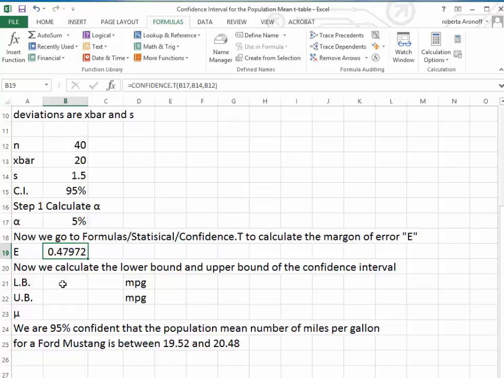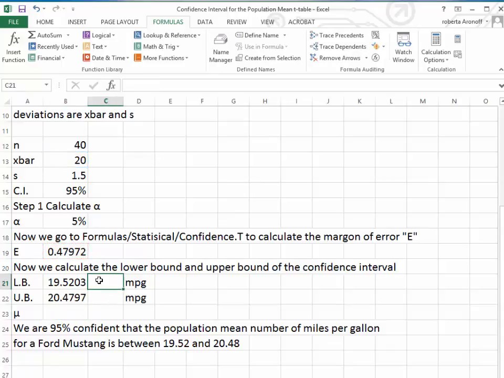Well, in order to get the confidence interval for the population mean, we have to calculate both the lower bound and the upper bound. The lower bound is going to be equal to our sample mean, which is 20 miles per gallon, minus the margin of error. And the upper bound is going to be the 20 miles per gallon plus the margin of error.